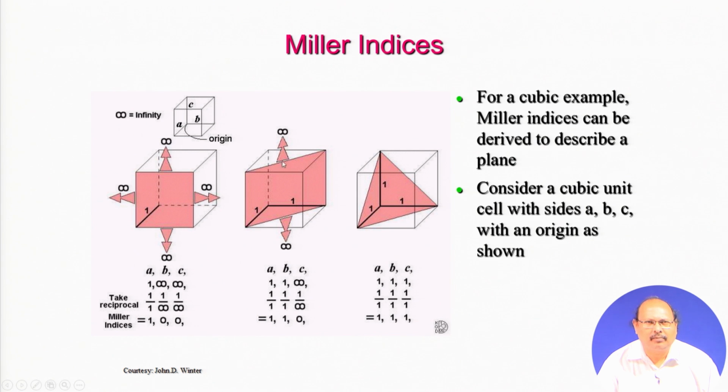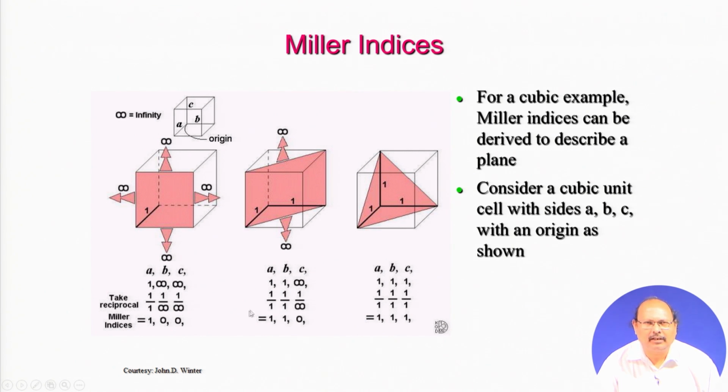Let us come to this particular place here. This is a plane which is intersecting this A1 direction, it is intersecting this A2 direction, but it is parallel to the vertical A3 direction here. So, you write that it is 1 unit, 1 unit. So, this is 1 1 and this is infinity along the C crystallographic axis.